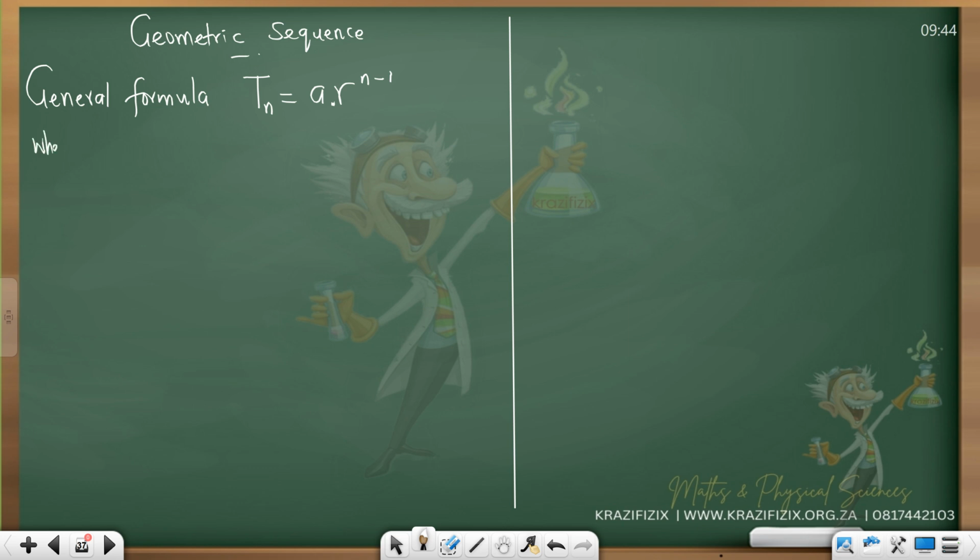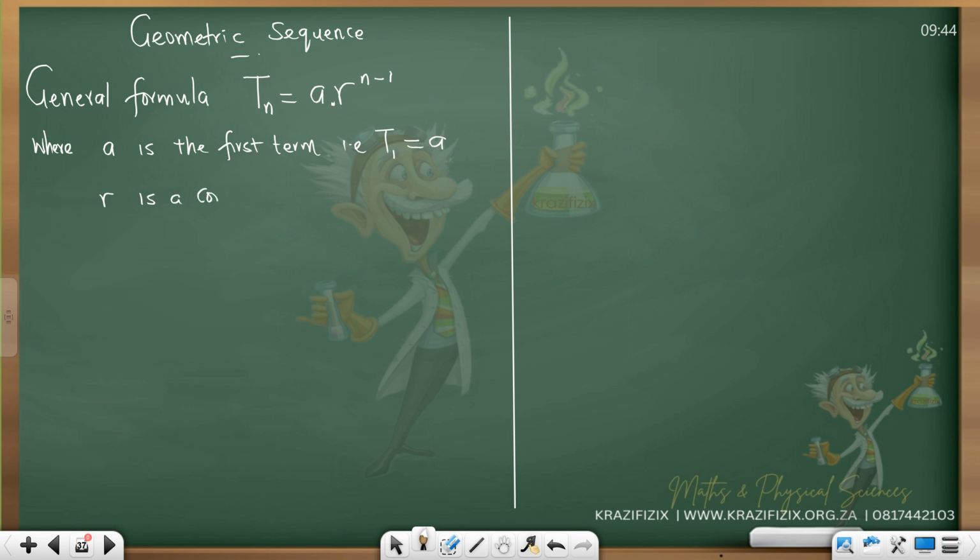Let's define: A is the first term, that is T1 is A. You would notice even under arithmetic, T1 is also A, so that's not going to change. What is R? That's the question.